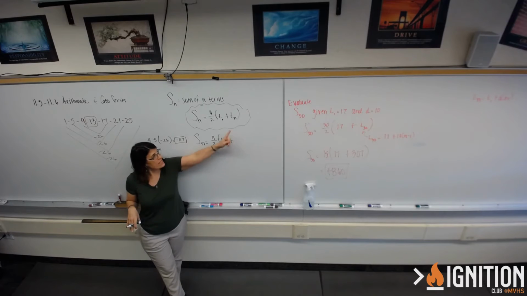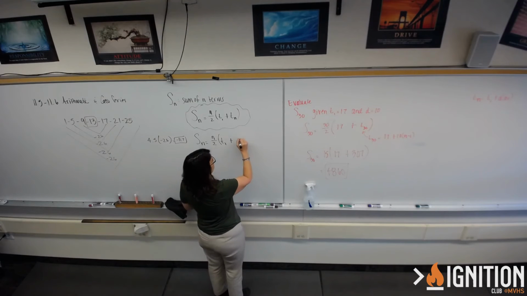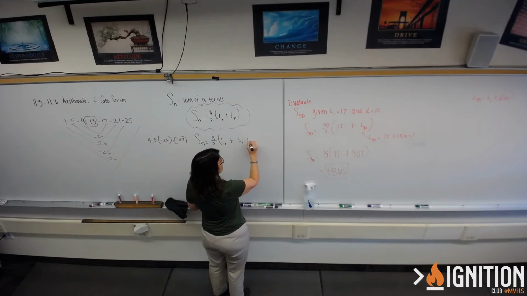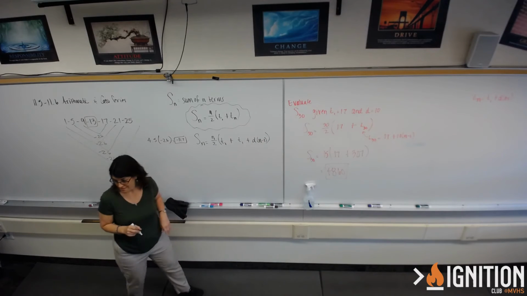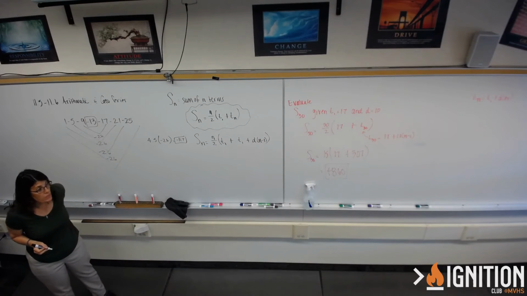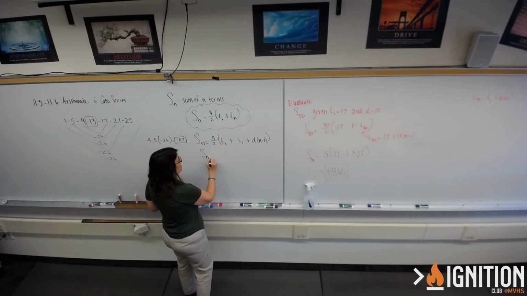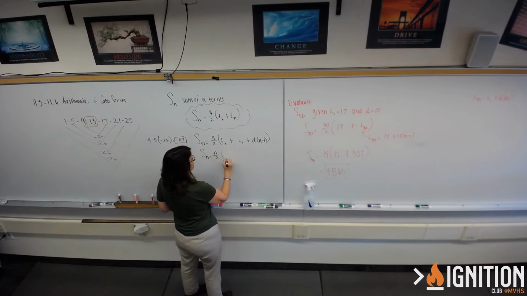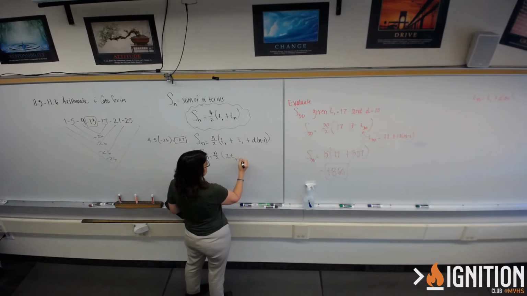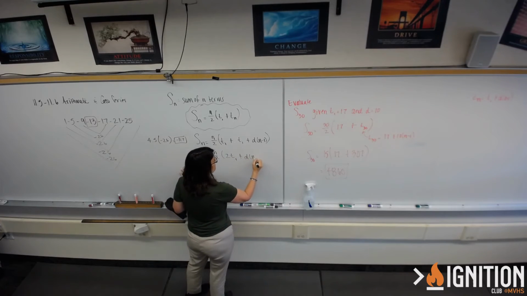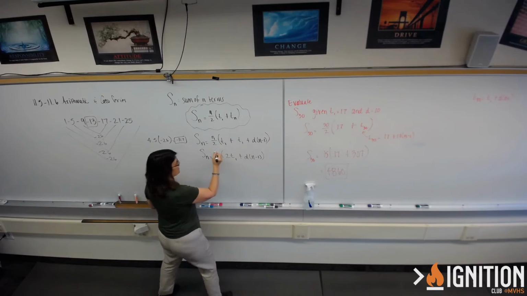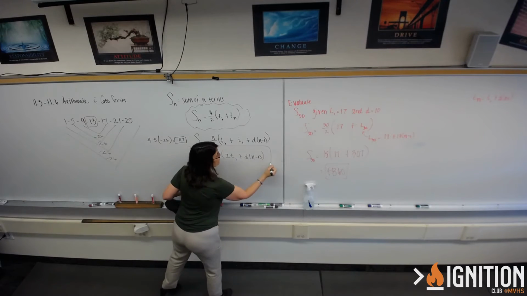So what's T sub n? T sub 1 plus T sub 1 plus what? Times. Combine like terms. So this is an additional formula. I do not use it. It certainly works. I just kind of plug in as I'm going along.